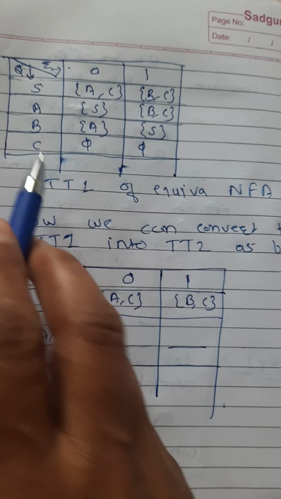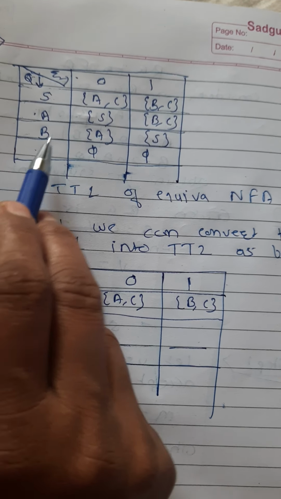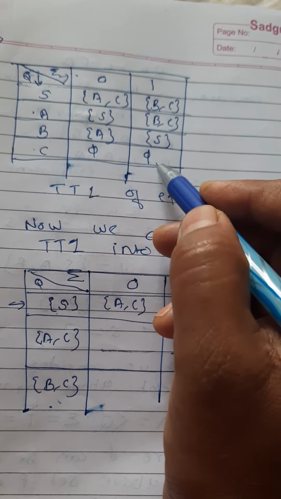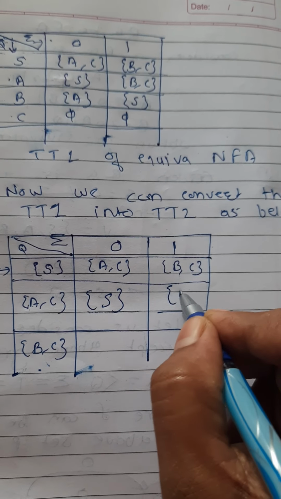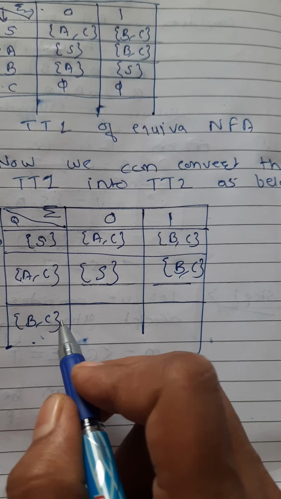Look into the previous table, second row and fourth row, and take the union. Skip the middle one. So the union will be S, and here the union will be BC. Write down S, and here BC.